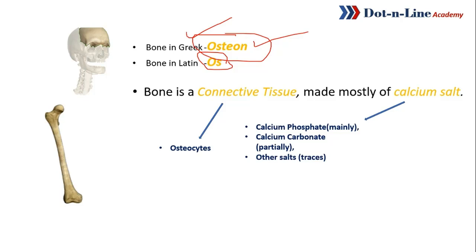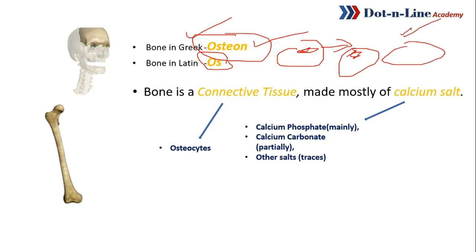You must have heard about osteocytes, the cells of bones, osteoblasts, the primitive cells of bones, and osteomyelitis, the disease of bone. All these terms have the word osteon, so they are related to bone.